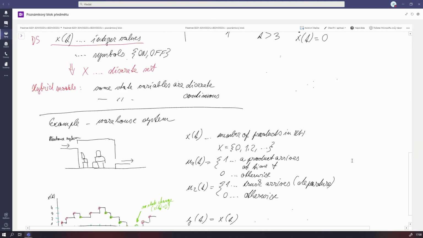So we have the individual time instances and the circles, red circles and green circles representing arrivals and departures.